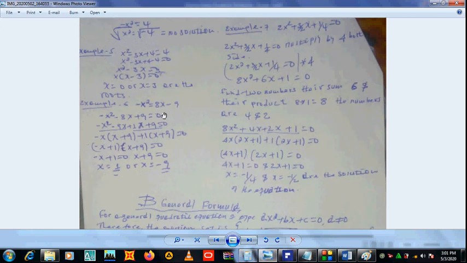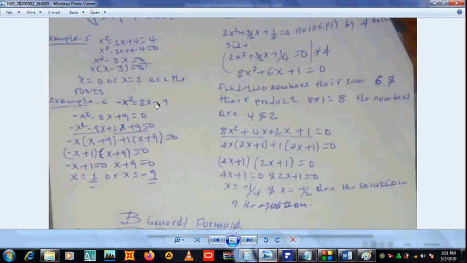Example 6, minus x square is equal to 8x minus 9. How can we solve this? Write it as negative x square minus 8x plus 9 equals 0. The first step is to write the quadratic equation in this form. Okay?